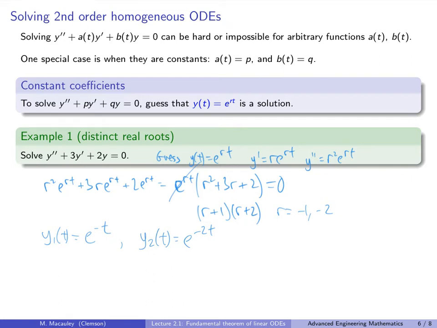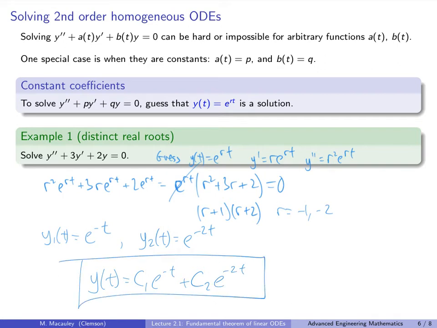So all we need to find are two linearly independent solutions, which means when n equals 2 that they're not scalar multiples of each other. These will do. So the general solution is y(t) = c1 e^(-t) + c2 e^(-2t). That wasn't that bad, was it? Hopefully this is easier than you remember it from your Intro to ODEs course.